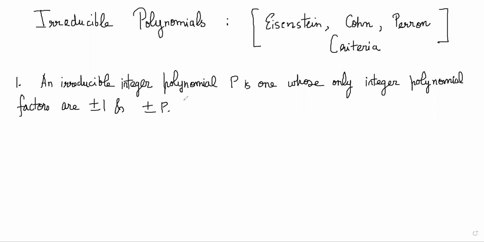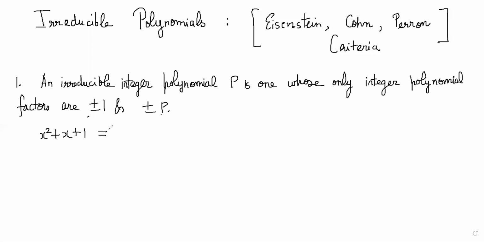So what do we mean by this? First of all, notice that we are talking only about integer polynomials. What is an integer polynomial? One where all the coefficients are integers. So an irreducible integer polynomial P is one whose only integer polynomial factors are these. An example could be x squared plus x plus 1.